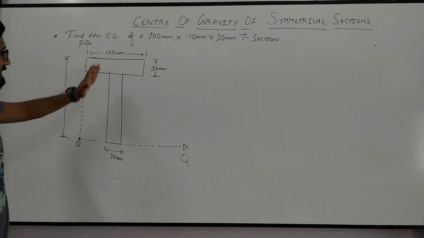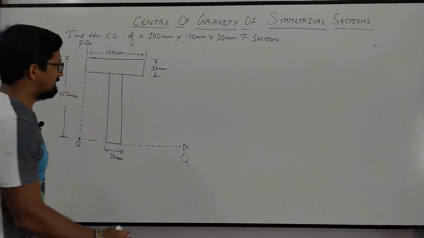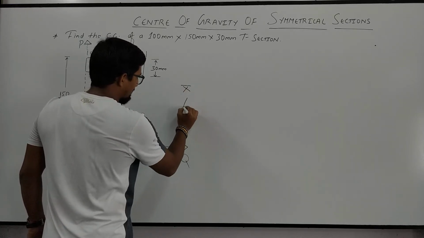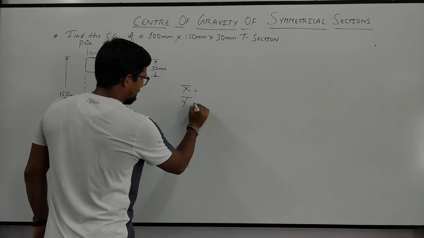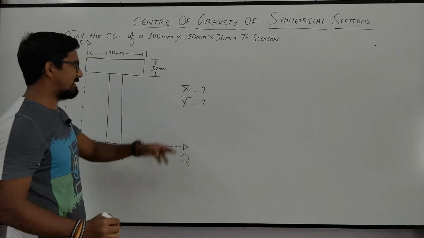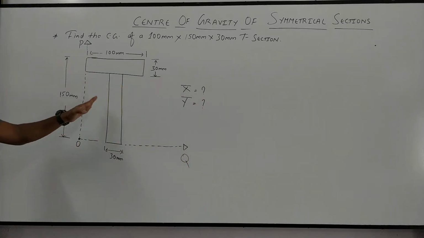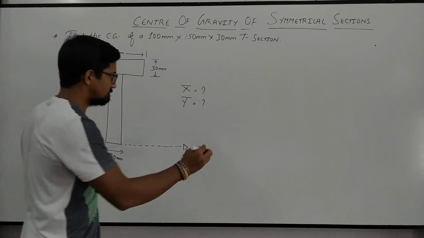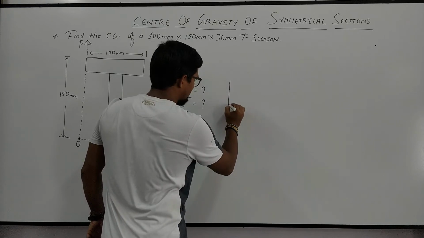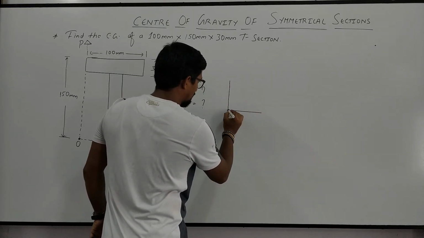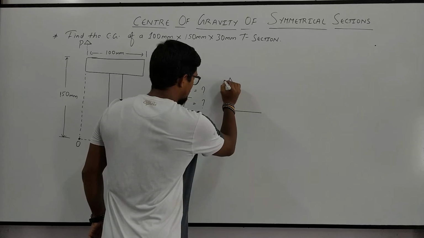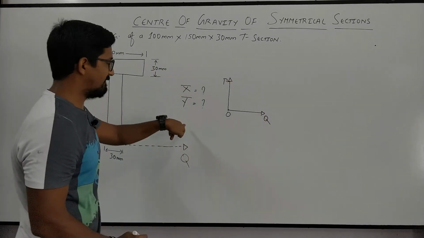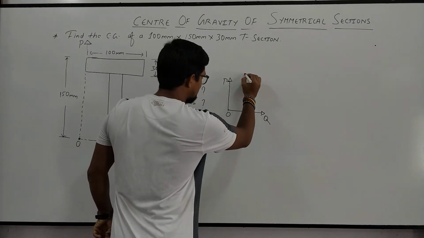For finding the CG, we have to find basically X bar and Y bar. So what are this X bar and Y bar? Remember this OP and OQ. Suppose this is the origin O, this is P and this is Q. So X bar and Y bar are distances.